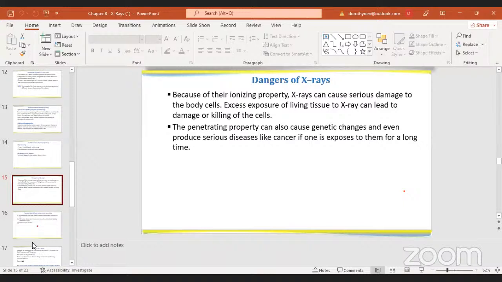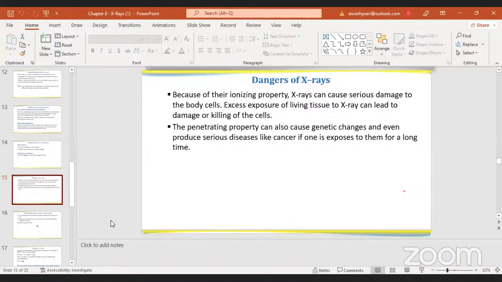That is why there is always a caution on exposure to X-rays. You don't go for X-ray now and then, no. It is only when it is unavoidable.